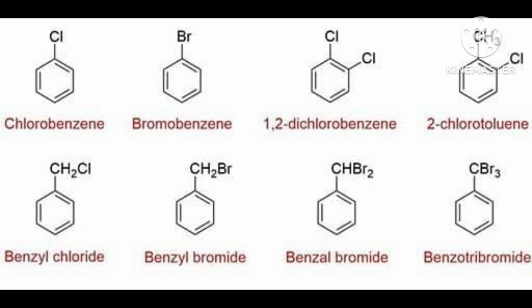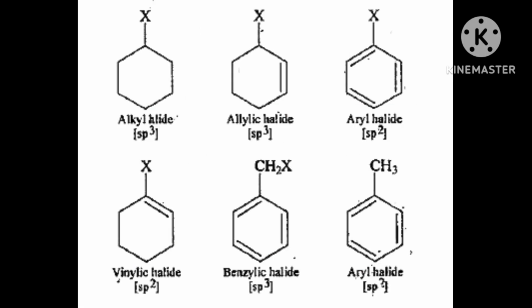First carbon is CH3, and with second carbon two chlorine atoms are attached and one hydrogen is there, because both carbons are joined by a single bond. Then what will be the name? First I will tell the common name. Its name will be, according to that common name, ethylidene chloride.